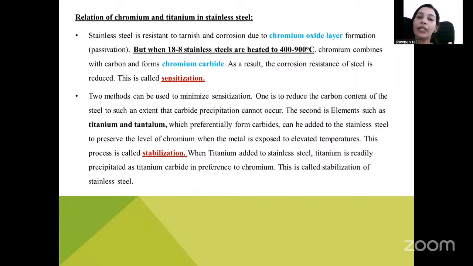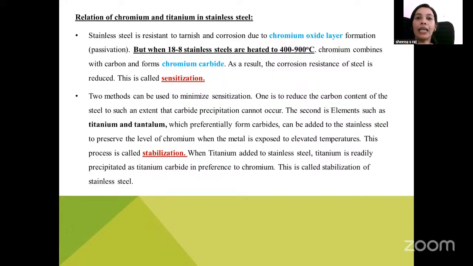Either we reduce the carbon content so that chromium doesn't react with carbon, or the second method is adding the two T's, titanium or tantalum. Titanium and tantalum are preferred carbide formers that can be added to the stainless steel to prevent loss of chromium, and this is called stabilization. We add titanium or tantalum, which bind the carbon and prevent further deterioration or corrosion of the material.